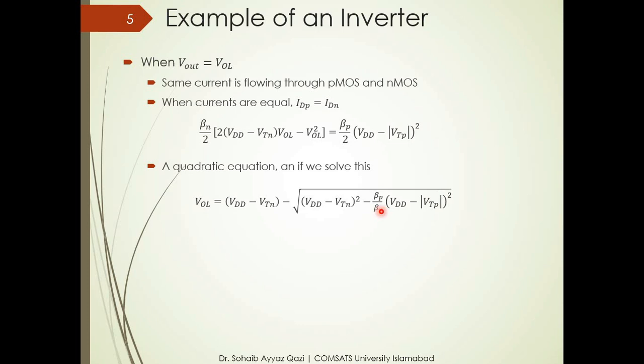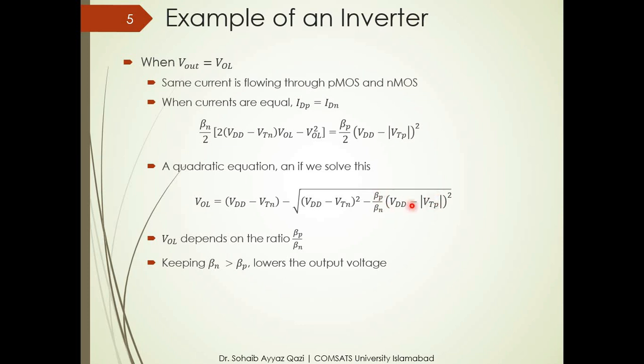So if we observe this equation, we can conclude that VOL depends on the ratio beta p by beta n. And if we observe this expression, beta p by beta n, we can say that if beta n is greater than beta p, this will lower the output low voltage. If beta n is greater than beta p, it means this expression will be smaller.